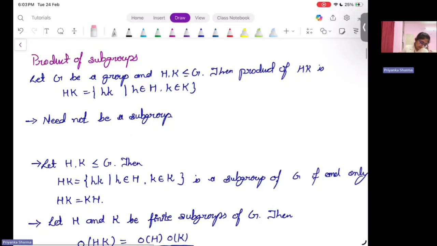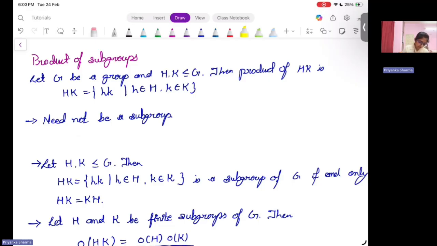So we start with the product of subgroups. So this was the topic we were discussing in the last session, and we ended with this topic. So product of subgroups is defined like this.